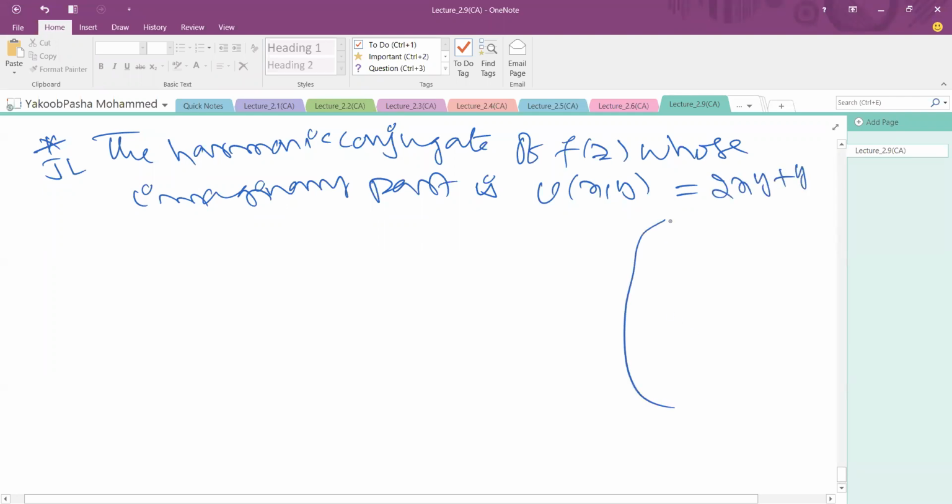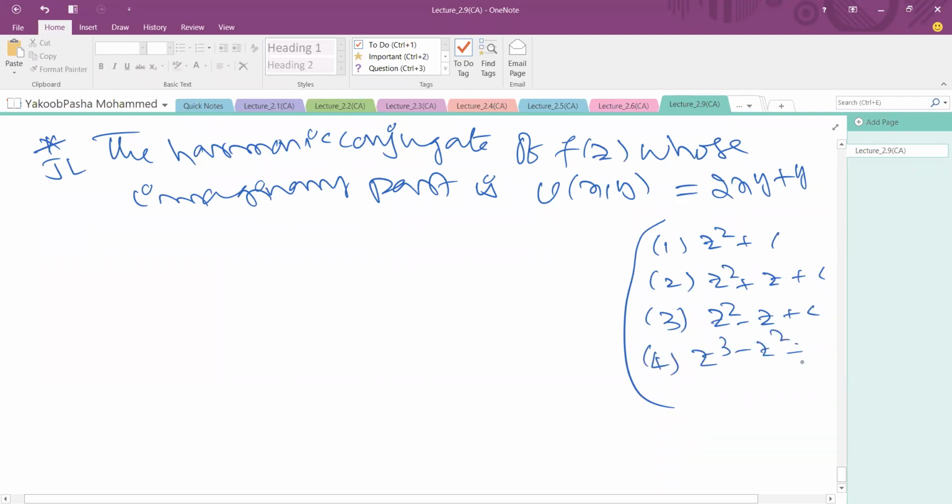Okay, we are given options. Option 1, z square plus c. Second option, z square plus z plus c. Third option, z square minus z plus c. And the fourth option, z cube minus z square plus c.